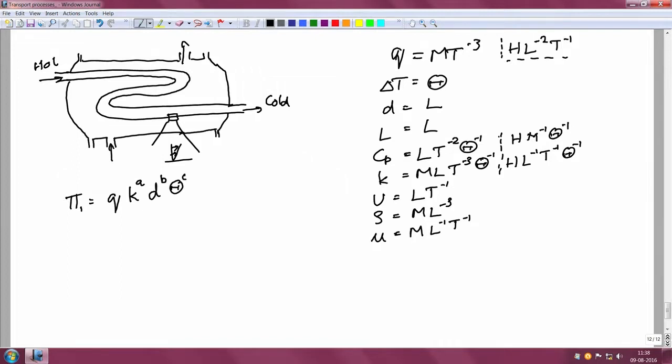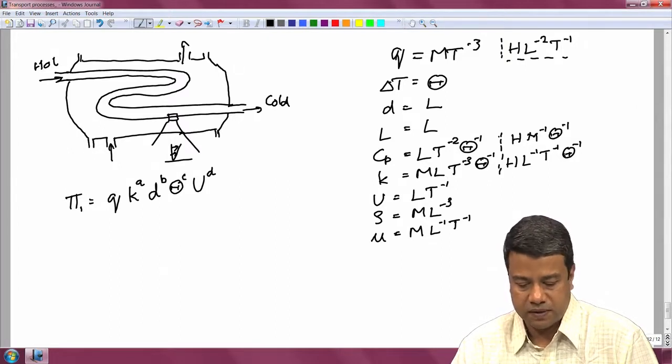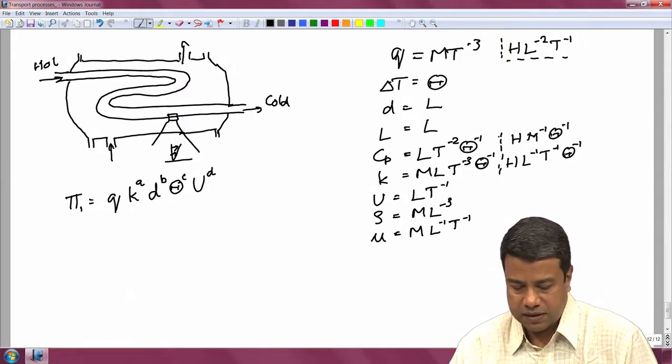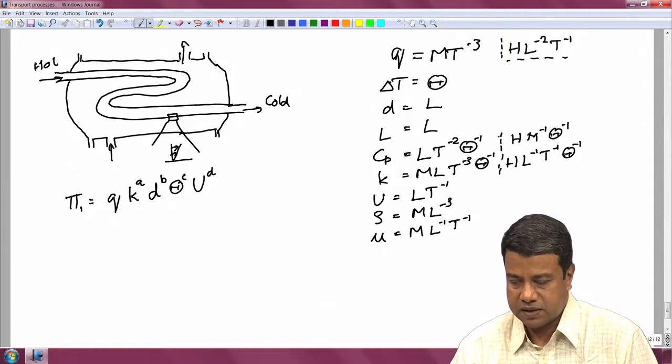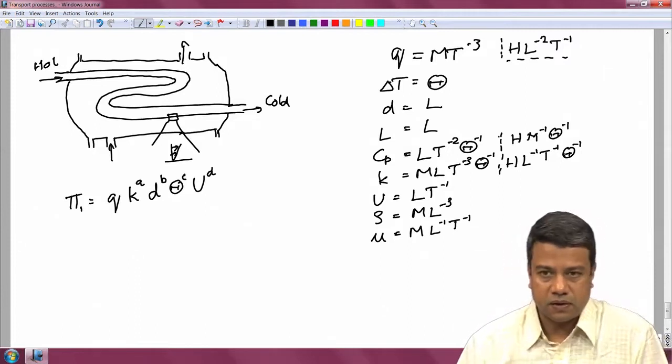We have to choose a quantity which has dimensions of time. We will just choose the velocity, u power D. That will be the dimensionless group that we assemble, and it has the dimensions H, L, T and theta. So, 4 dimensions, 4 unknowns A, B, C and D.